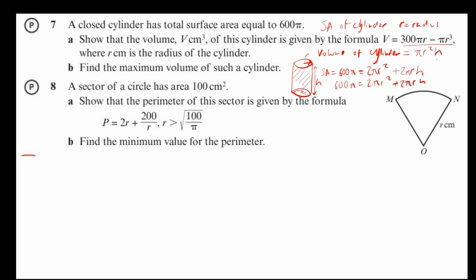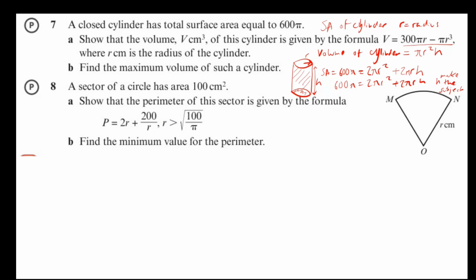We need to get rid of H or make H the subject, so we can substitute here. So essentially you make H the subject here. Then substitute it in and see if you get that, and then I'll let you guys finish that off.